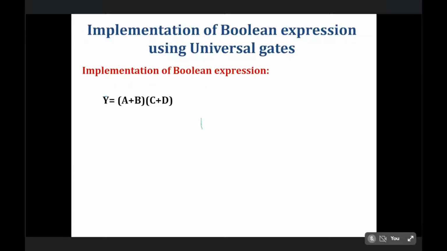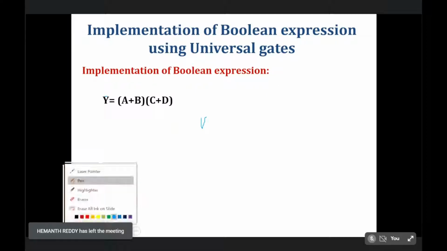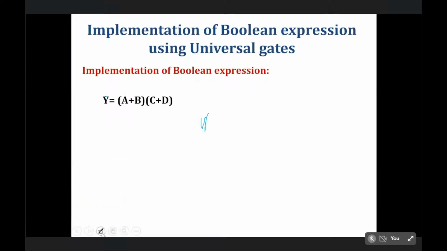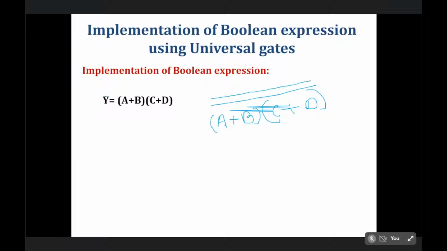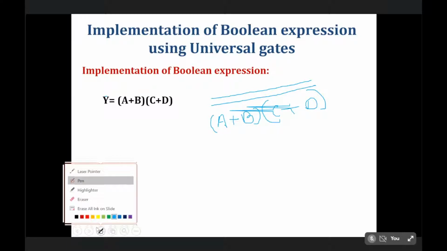Now what we have to do, the fundamental principle while implementing any Boolean expression with the use of NOR gate, is that we have to convert it into the NOR form. For this whole expression, we take the complement of the whole expression. So we started from here.